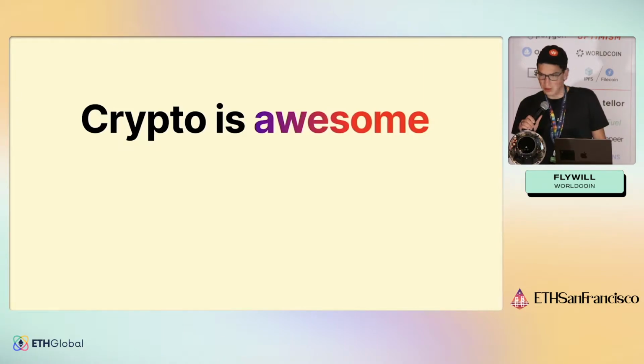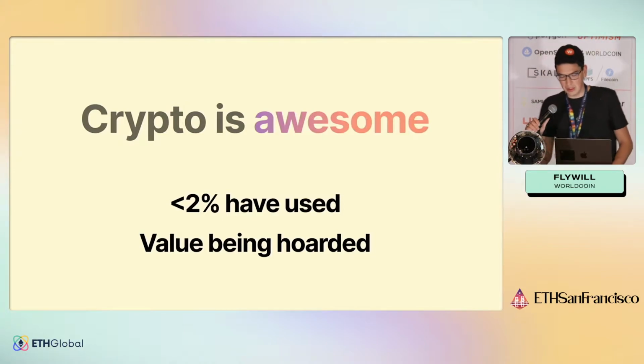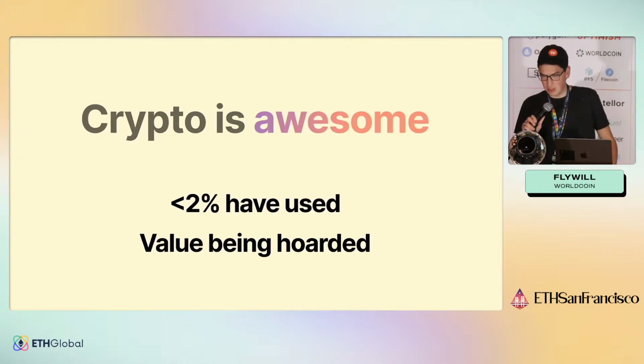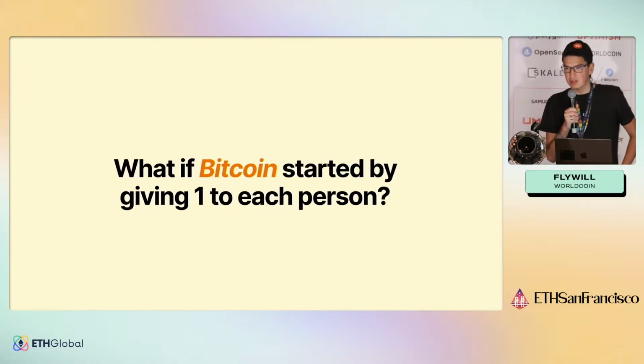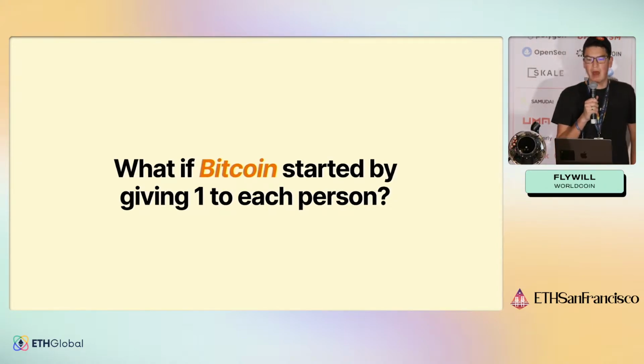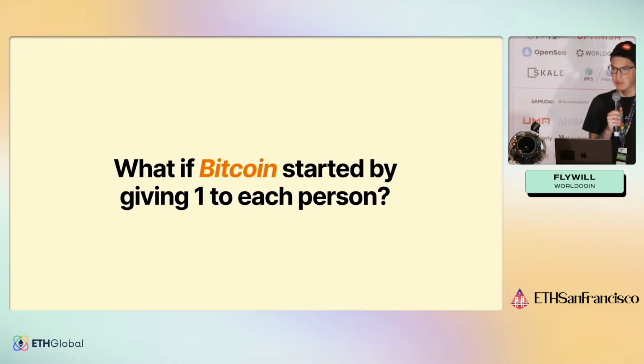That's why we're all here. But the value is being captured only by around 2% of the population. So what we wanted to do is bring it to more people in the world. So we started with this premise of what would have happened if Bitcoin started by giving one coin to each person.